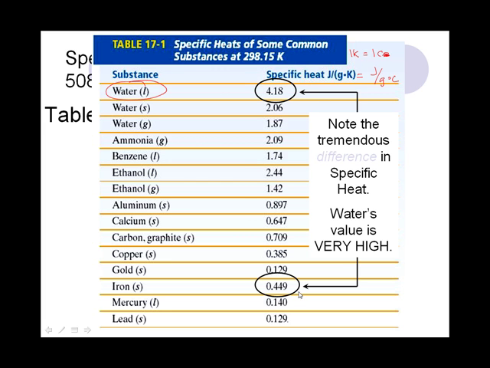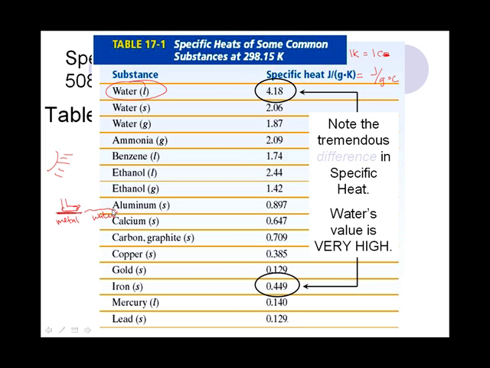Versus iron needs very little energy for every gram of the iron to change its temperature by 1 degree. And this makes sense in that on a hot day, if you have a metal floor, and you also have water next to it, if you were to step onto the metal floor, it's going to be hot.